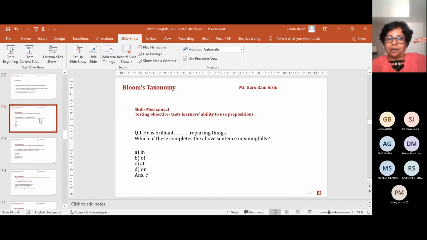But from a pedagogical point of view, in Bloom's taxonomy, what are they doing? In your teaching scale, when you make them remember, then understand, and then you ask them to apply.